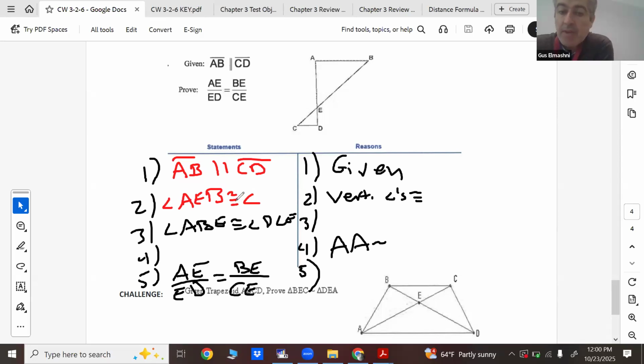ABE is congruent to DCE. I know my handwriting is bad. I'm sorry. So ABE to DCE, same thing. Let me make that more neat. My apologies. No, ABE is a different angle than AEB.